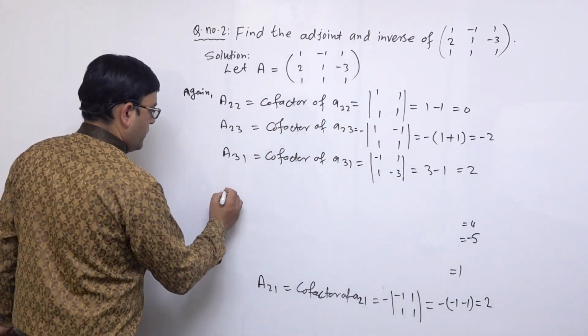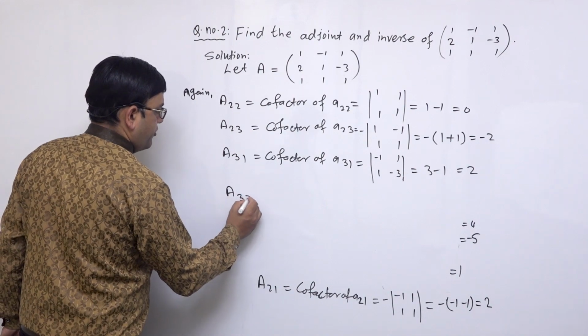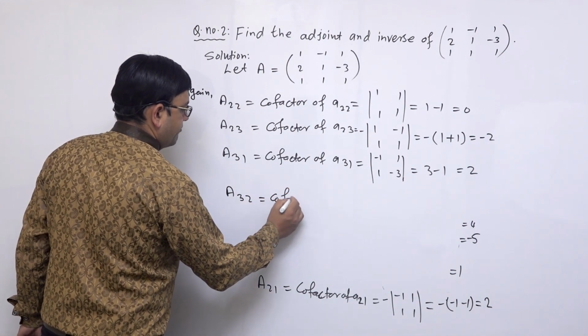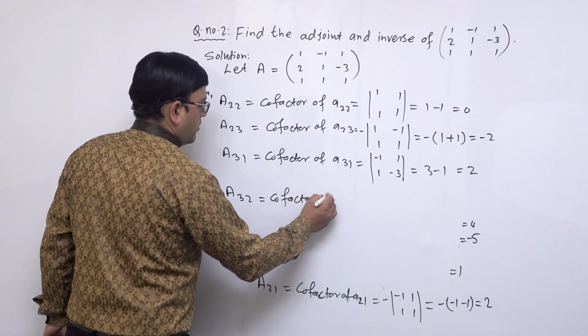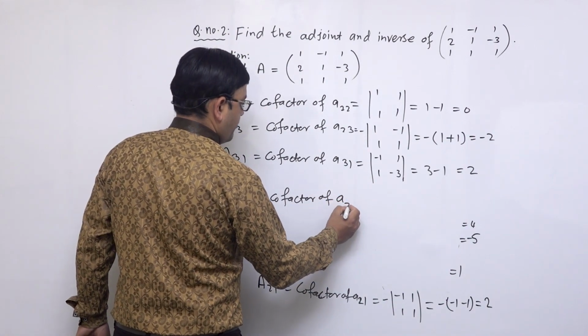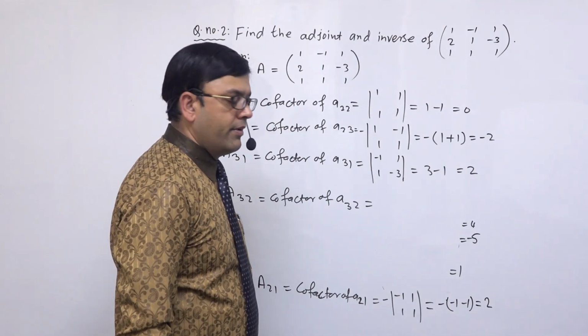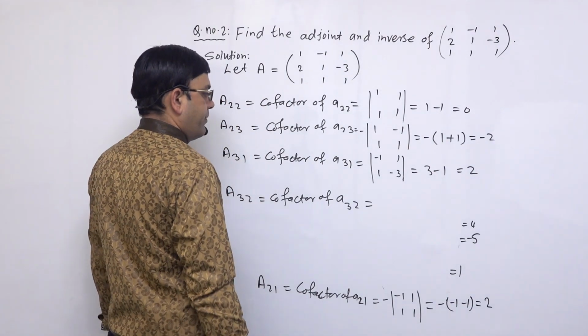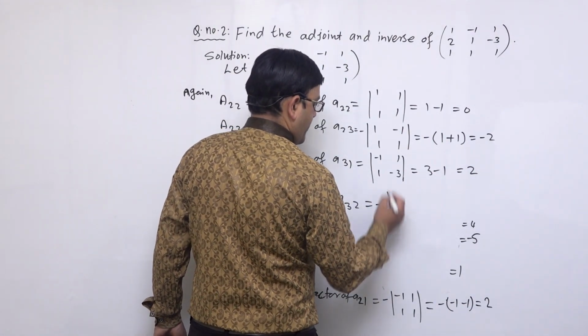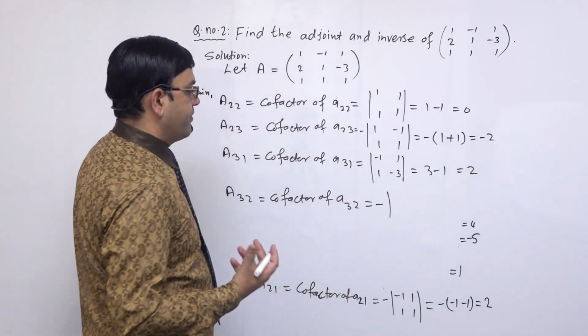Again, A32 cofactor. 3 plus 2 is 5, so minus 1 to the power 5 is minus.